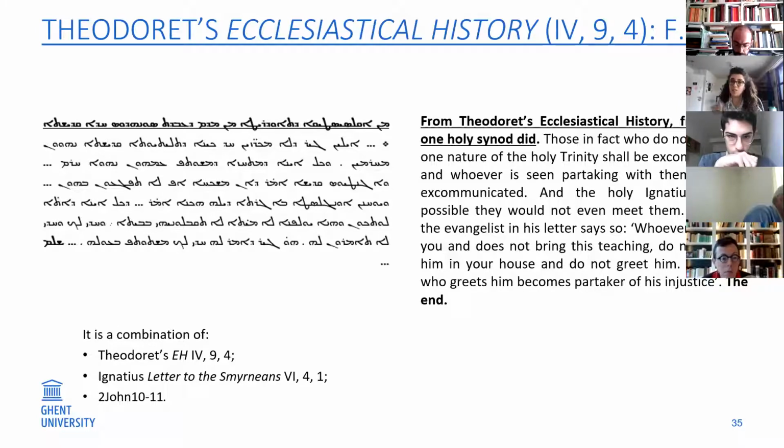Once again, a very small passage from Theodoret Ecclesiastical History that is in content very close to the excerpt of Socrates that we saw in our first section. Again, what they're saying is, do not partake in anything with heretics. And then here, there is a small quotation from Ignatius, and again, the same passage from John.